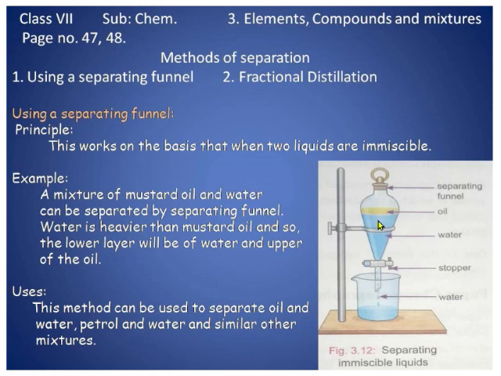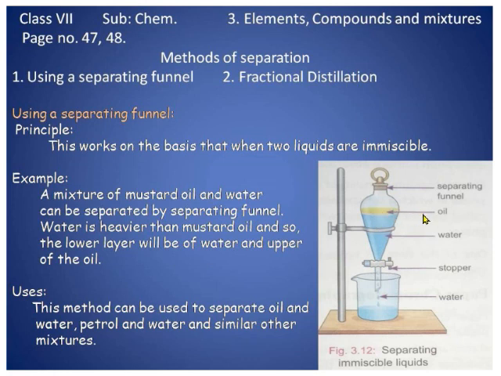As you can see in the picture, mustard oil has formed one layer and water another layer because oil and water do not mix with each other, they form layers. Water is heavier than mustard oil, and so the lower layer will be of water and the upper layer of oil. As you can see in the picture, the lower layer is of water and the upper of oil.